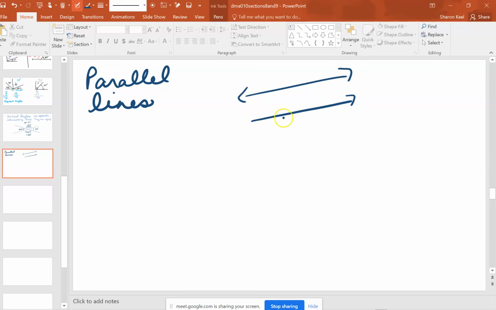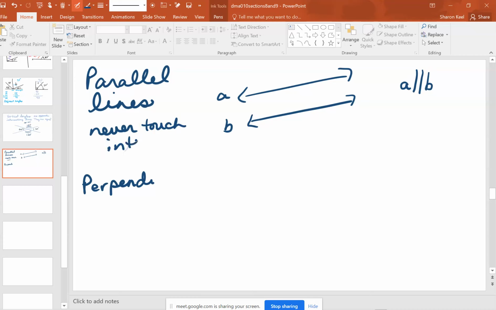So if you have two lines that are drawn equal distance apart that never intersect, I might label this one A and this one B. A is parallel to B. That would be the symbol for the parallel lines. So parallel lines never touch, nor intersect.